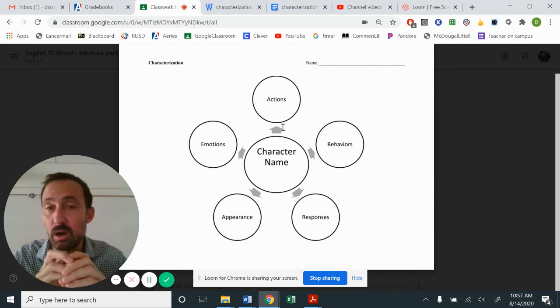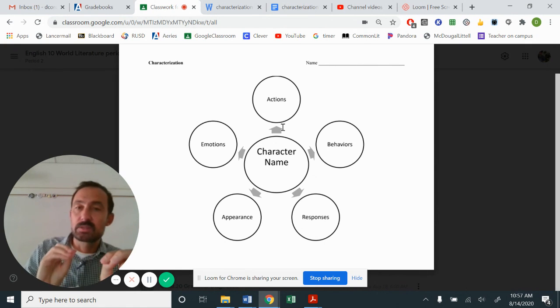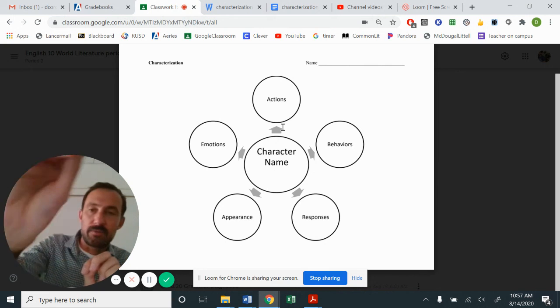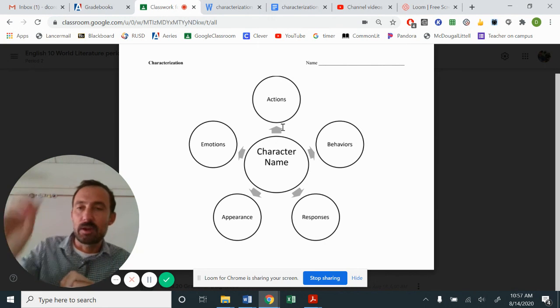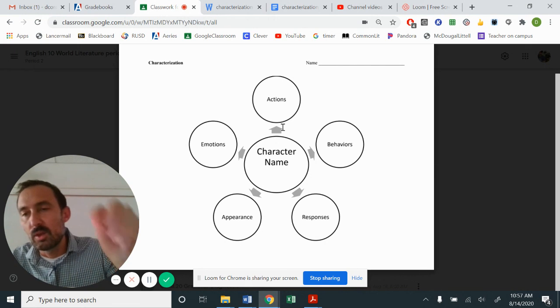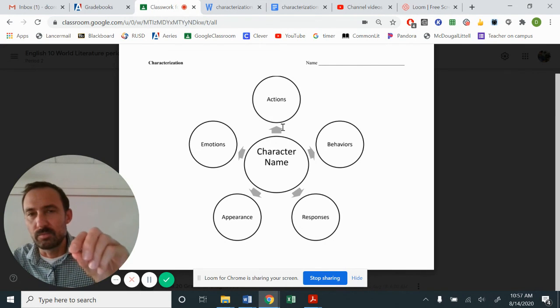Just like if you were to put your name in the center and you put your emotions and your behaviors and your actions and your responses, they would all begin to mix together. And the great thing is when we do that, we begin to see, oh, what is this character really like? Why are they doing what they do? What does that really mean about who they are and what our author has for us?